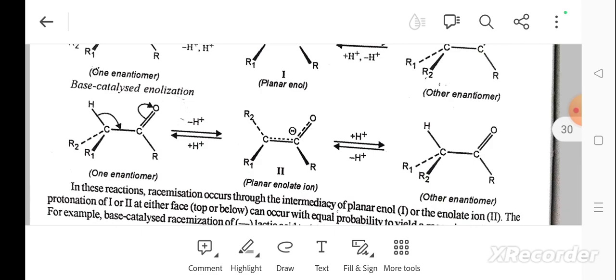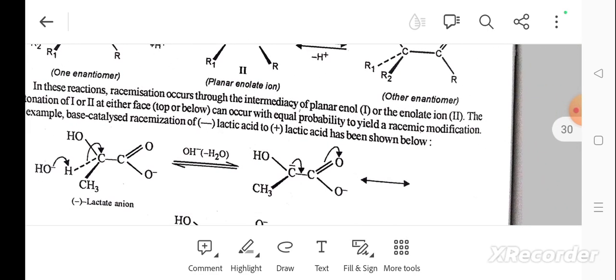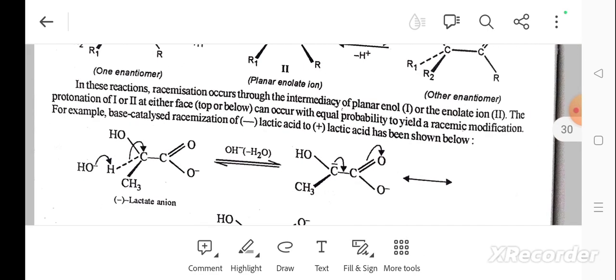In this reaction, racemization occurs through the intermediate planar enol or the enolate ion. The protonation at the first and second carbon on either face can occur with equal probability to yield the racemic modification. For example, base-catalyzed racemization of (-) lactic acid to (+) lactic acid has been shown below.